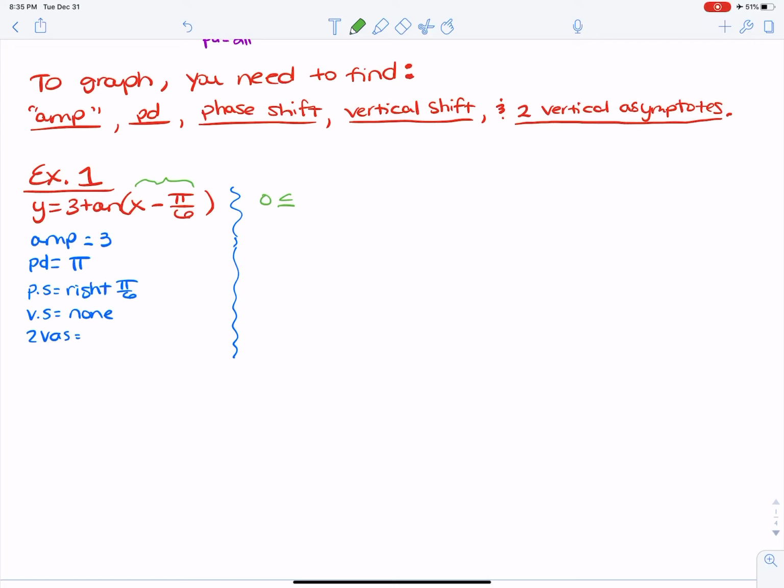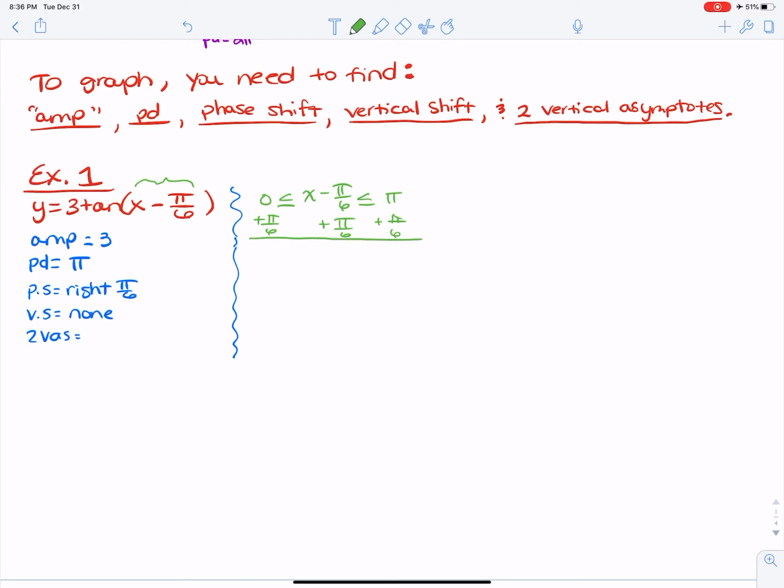The original function goes from 0 to pi, but that's with no phase shift, with no b. So we go ahead and set the inside part with the phase shift and the b in between the 0 and the pi, and we solve for x. So we can figure out where our function is now going to start and where our function will now end.